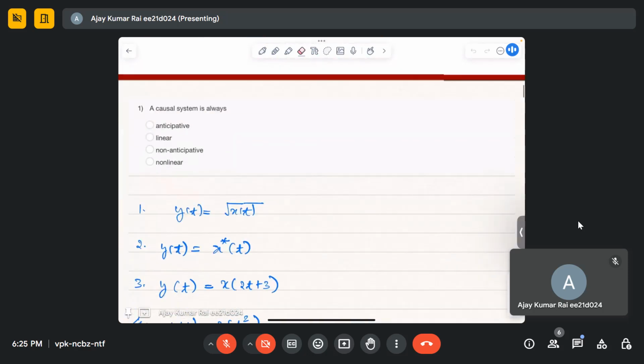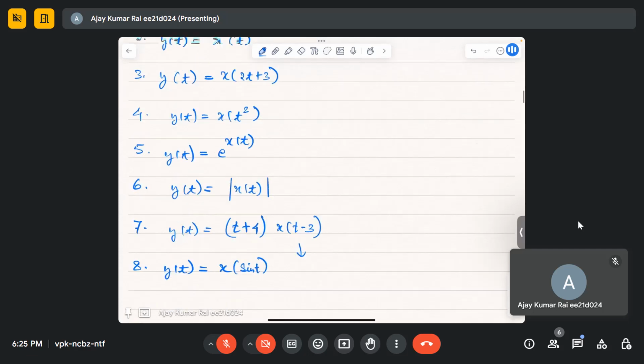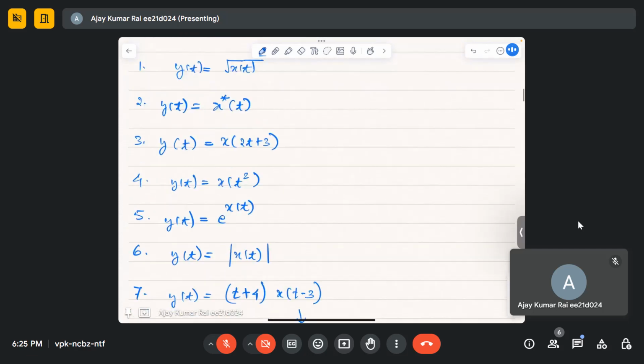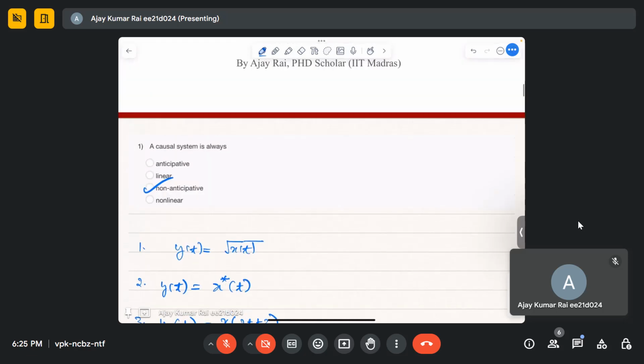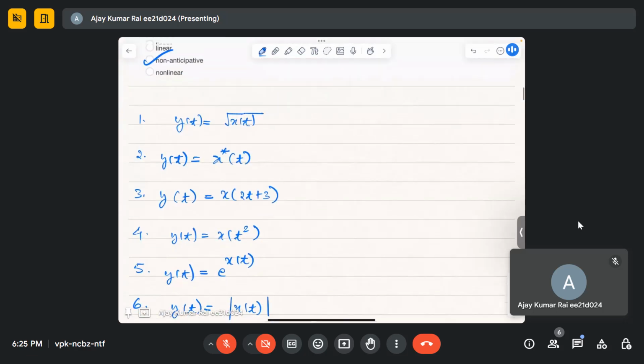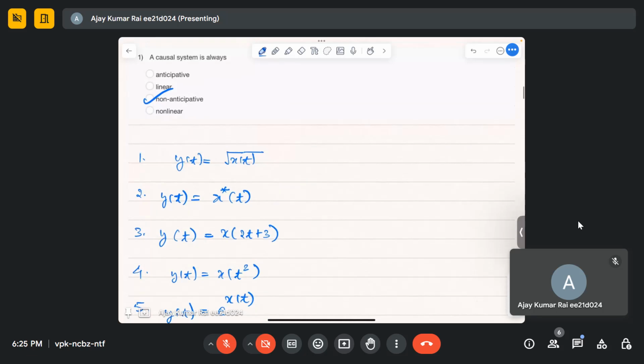So first, a causal system is non-anticipatory. I just want to ask you whether these systems are causal or not. What about the first one? Can you answer causal or non-causal?